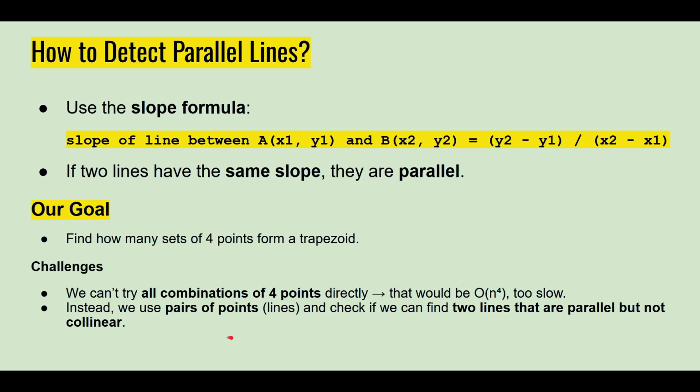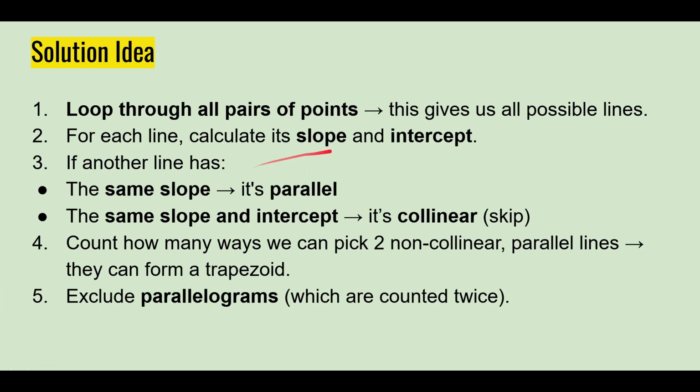So instead of trying all the combinations of the given points, what we can do is use a pair of points, which is called a line. If we can find two lines that are parallel but not collinear, understand? So the solution is we loop through all the pairs of points, and this will give us all the possible lines.